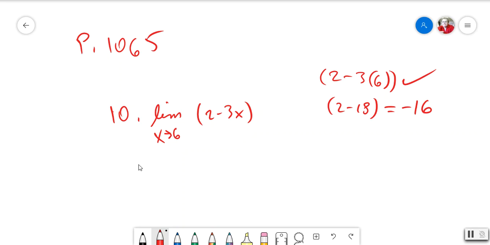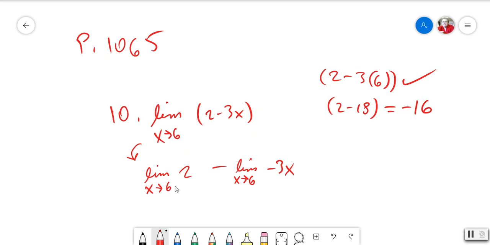They want you to use these properties, though. So what we do is we say the limit of a sum is the sum of limits. So we break that down: the limit as x goes to 6 of 2 minus the limit as x goes to 6 of 3x.